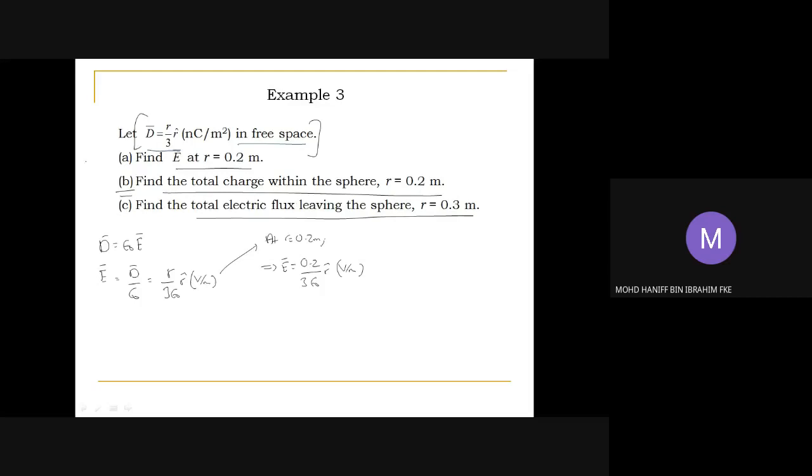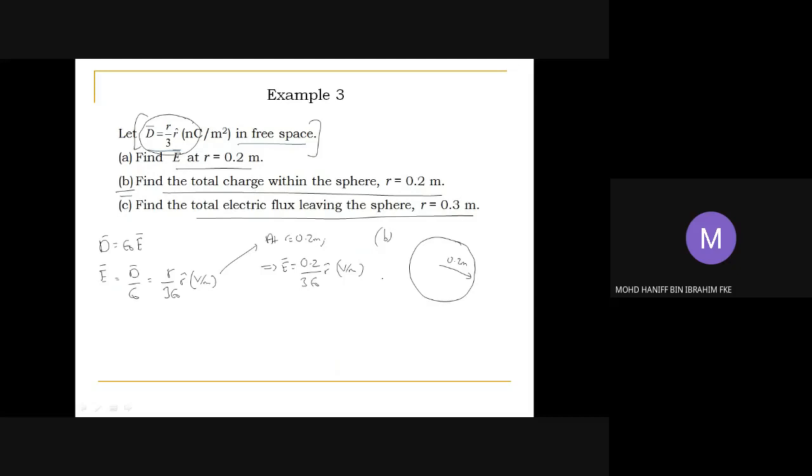We are given the D. So if we have a sphere of 0.2 meters, this is for part B of the question, the sphere has a radius of 0.2 meters. We need to find the total charge within this particular sphere, in which we are given that the vector D is given by these equations, yeah?